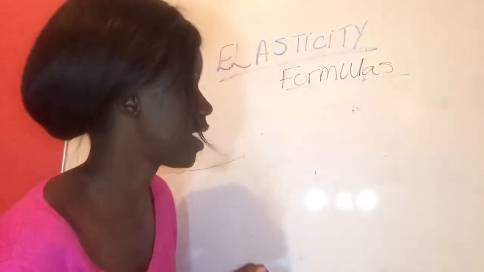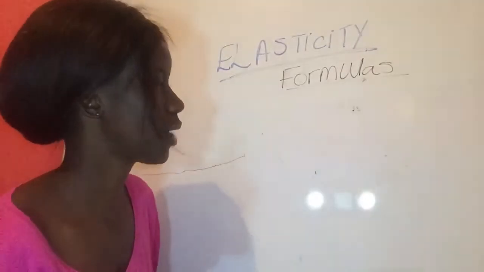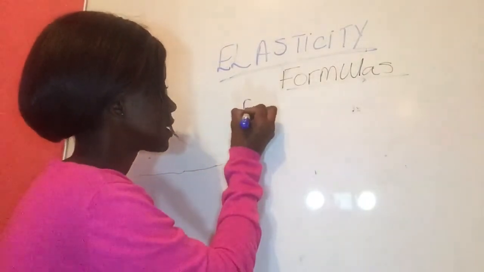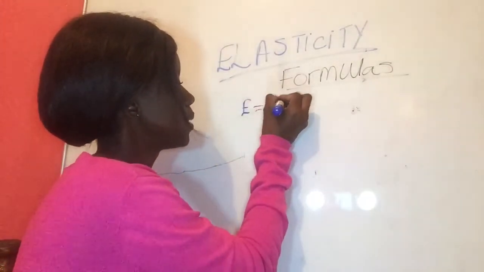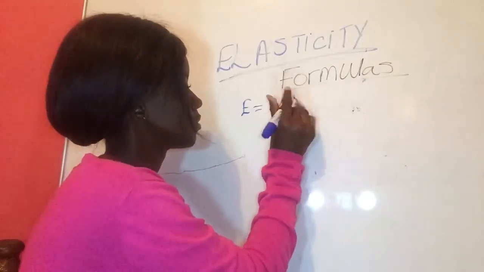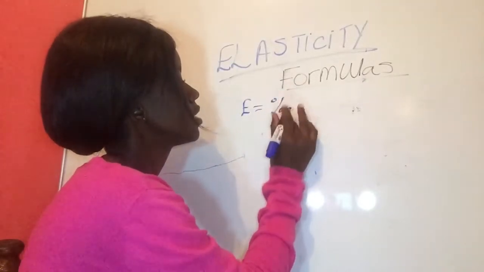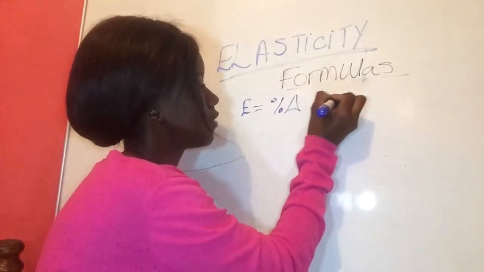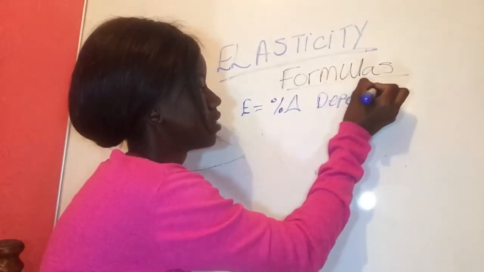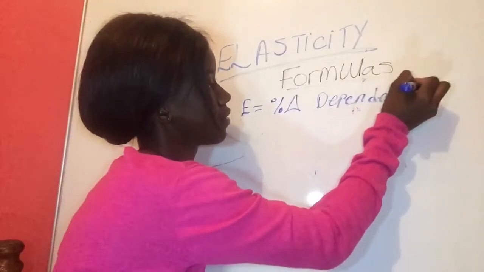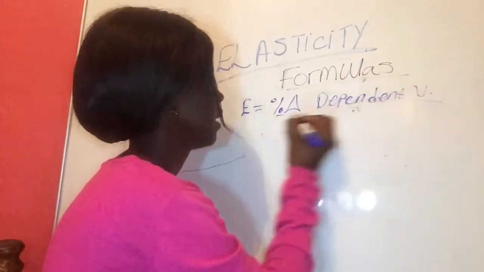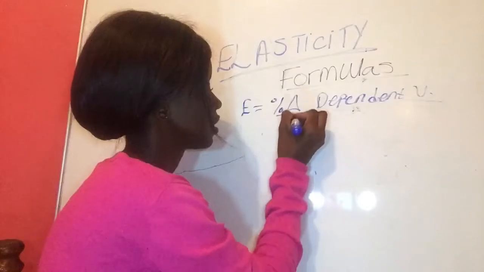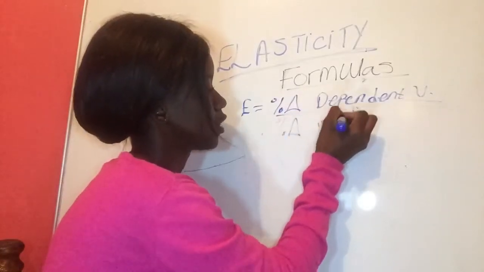So next we're going to come to the formulas. I hope you remember that we said the formula for elasticity is equal to percentage change in the dependent variable over percentage change in the independent variable.